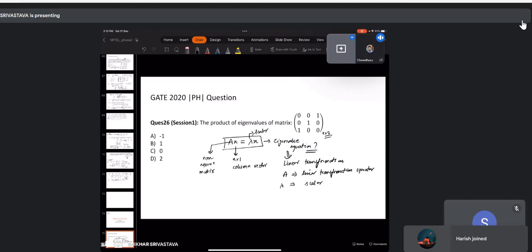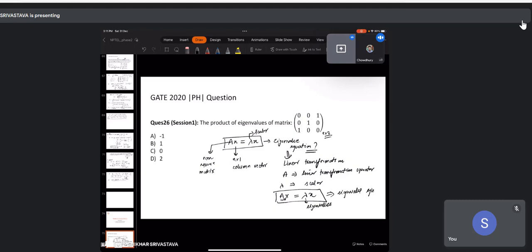So what is happening is that A is operating on X, that is this linear operator is operating on X, and it is scaling X with some value lambda. So the operation of A on X is nothing but scaling the vector X with some constant value lambda. This kind of linear transformation comes into a special class which can be represented by this eigenvalue equation, and these lambdas are called eigenvalues.